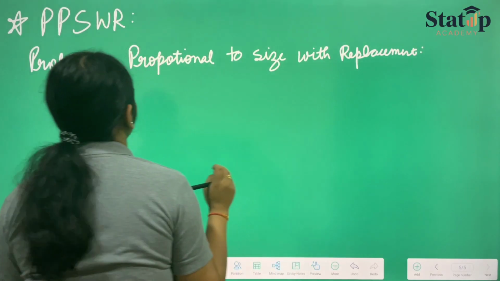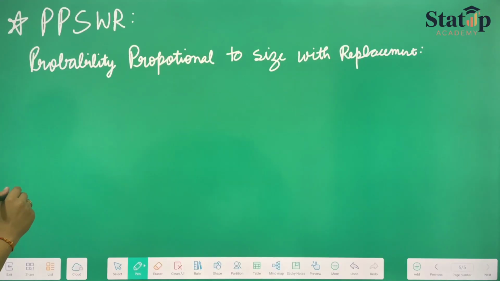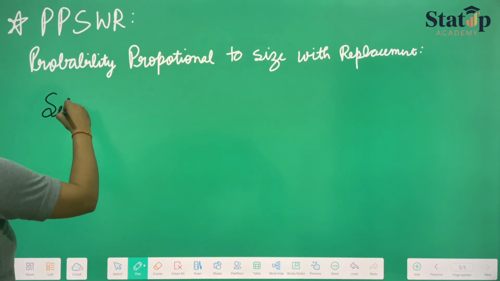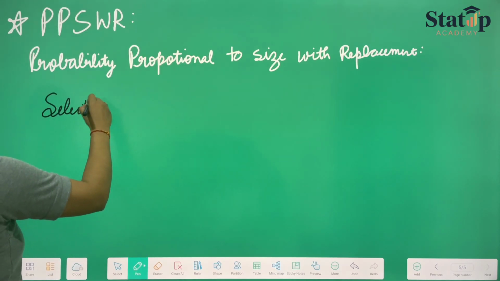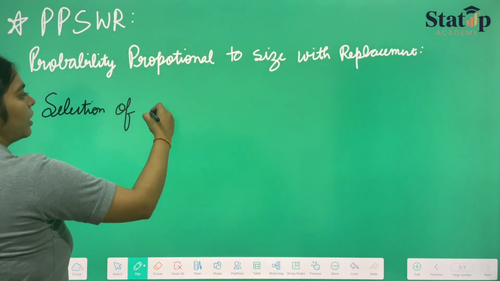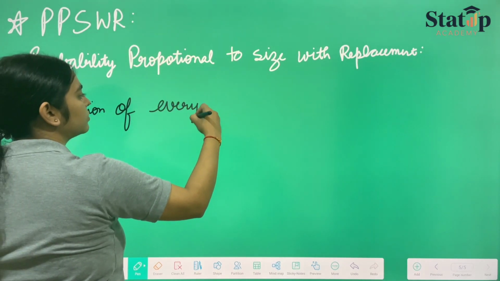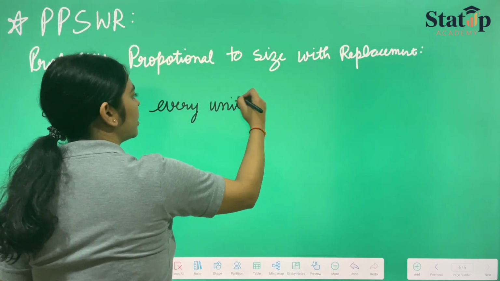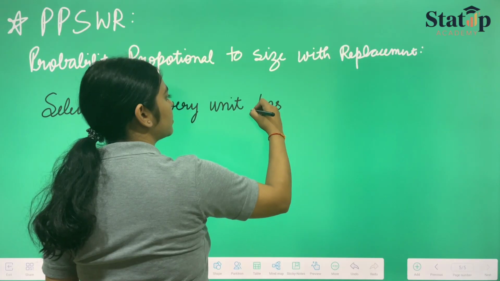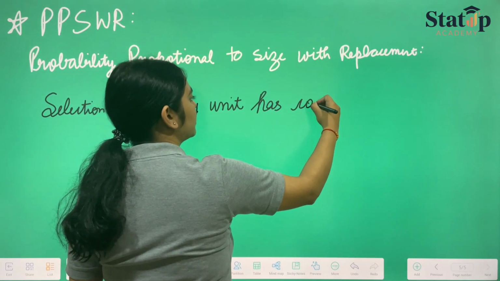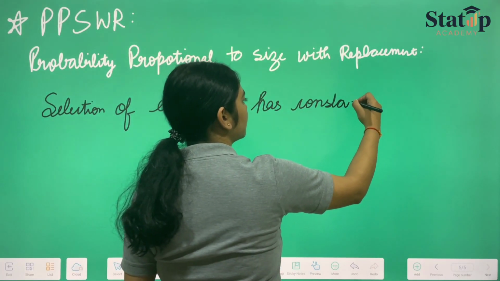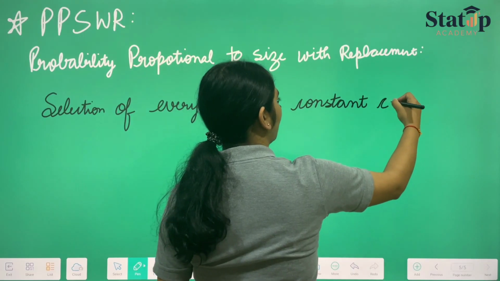In probability proportional to size with replacement, the selection of every unit has a constant chance or probability.